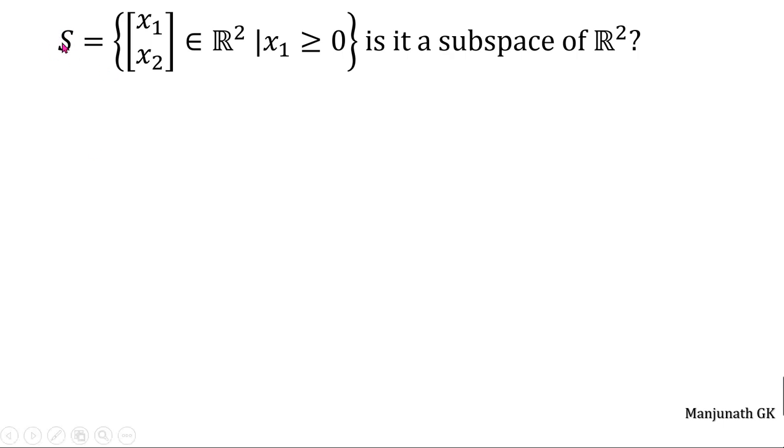S is a subset of some vectors, and those vectors are defined with a condition here. x1 and x2 are vectors that belong to a space of two dimensions, such that x1 should be greater than or equal to 0. Is it a subspace of the space of two dimensions? Let me read it once again. x1 and x2 are vectors belonging to a space of two dimensions such that x1 should be greater than or equal to 0. So is it a subspace of R2?